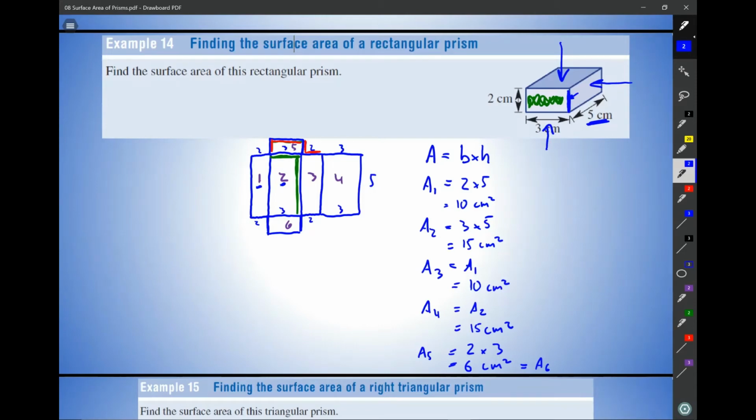So now we're going to calculate the whole surface area by simply adding up all of our areas.